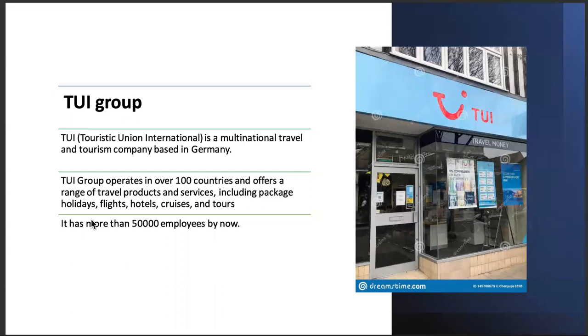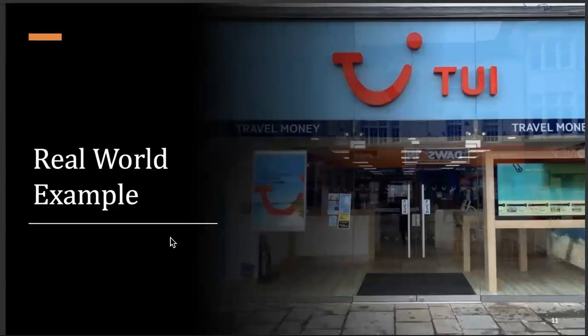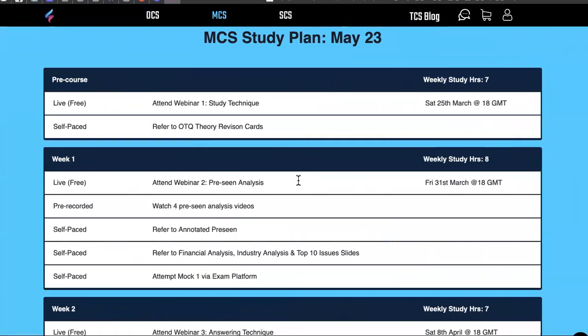We are providing a similar type of service, and it has more than 50,000 employees by now. So TUI Group is a real life company which provides holiday packages similar to what we are offering. So that's that with regards to the industry analysis.